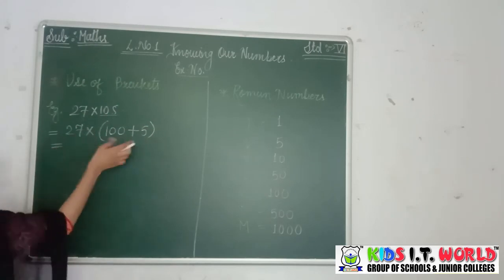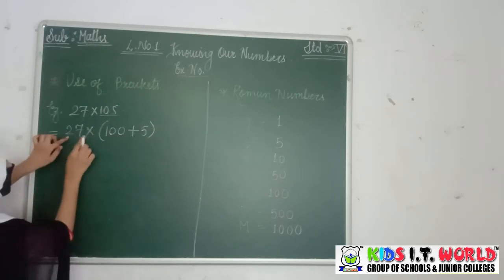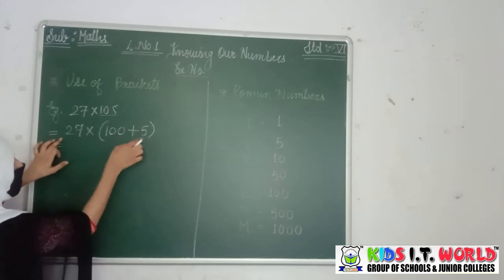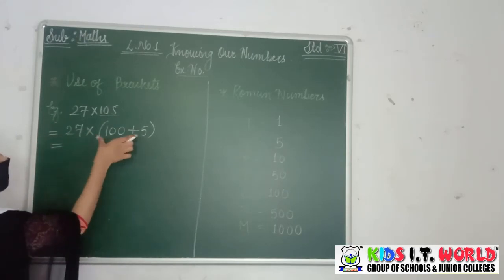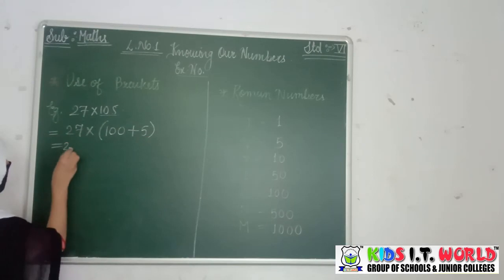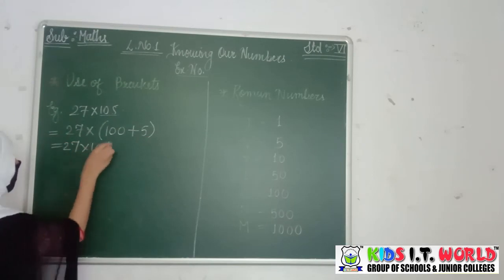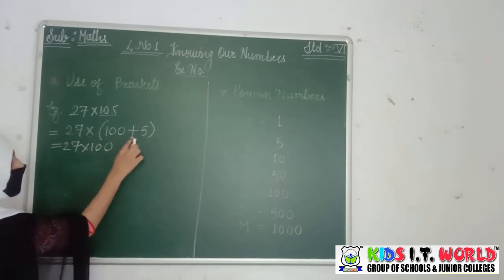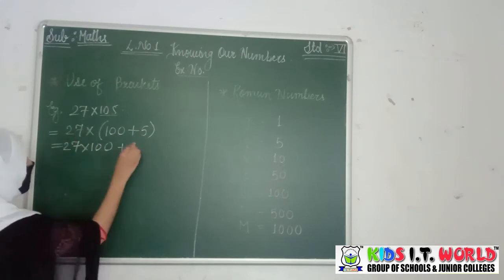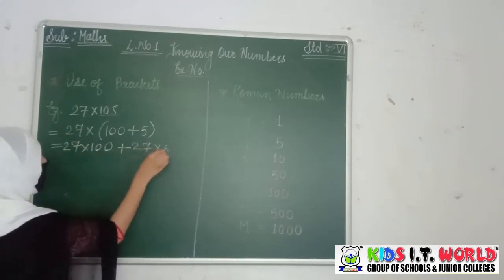Now you can do the separate operations. Now here 27 is multiplied with the 100 also, and 27 is multiplied with the 5 also. Why? Because it is in the bracket. So first process will be 27 into 100. Then which is the sign in the bracket? Addition. Then give the addition sign. Next 27 into 5.